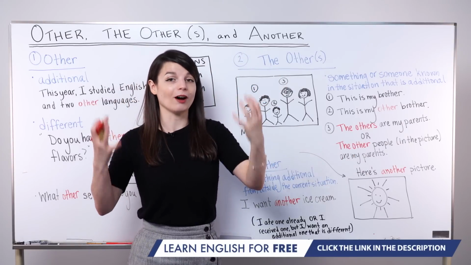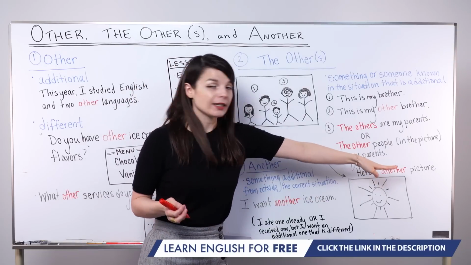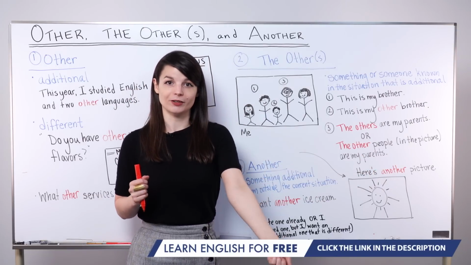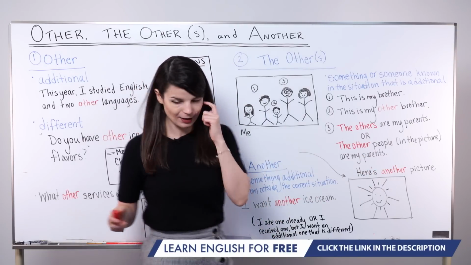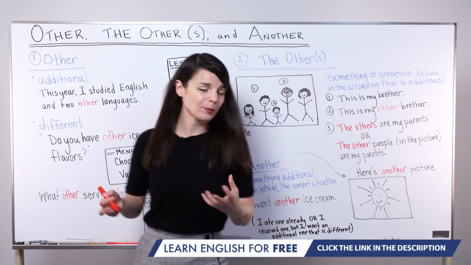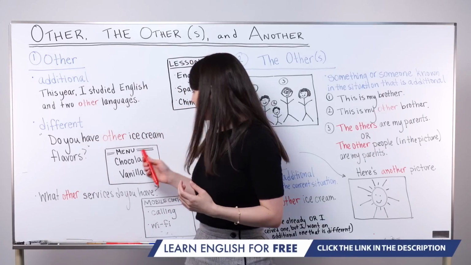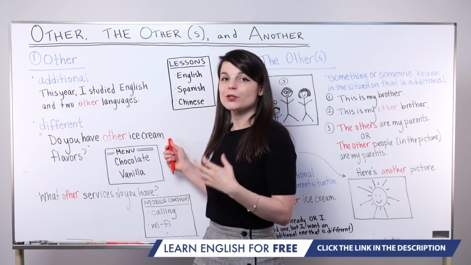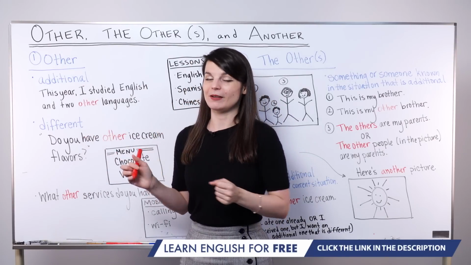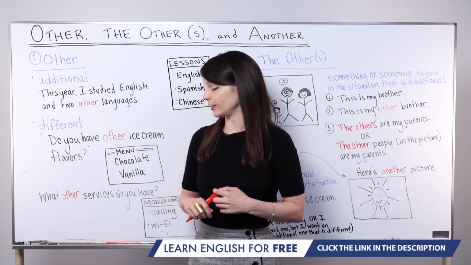So we know the conversation is about pictures, and we keep the same noun into the next part. Here's another picture. In this situation, talking about ice cream, if the speaker says, "I want another ice cream," we can guess that it's probably in relationship to the first ice cream the speaker ate, or maybe a different flavor that the speaker wants to eat.